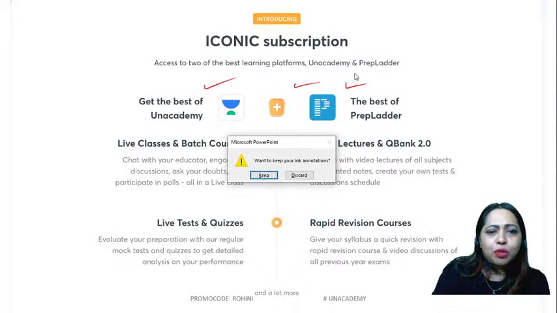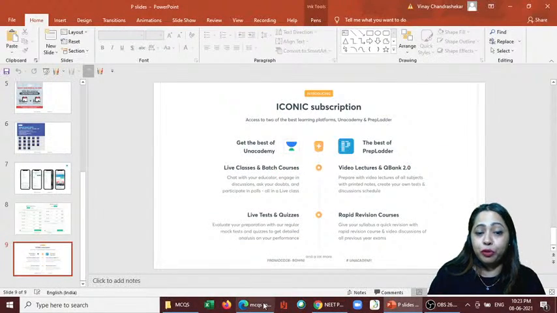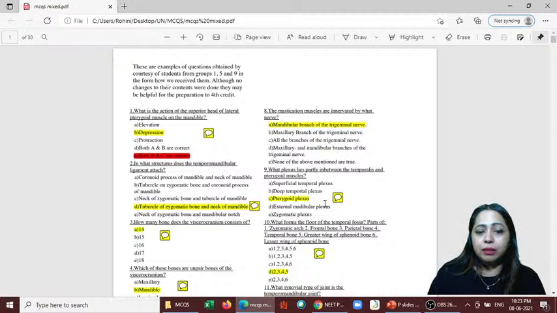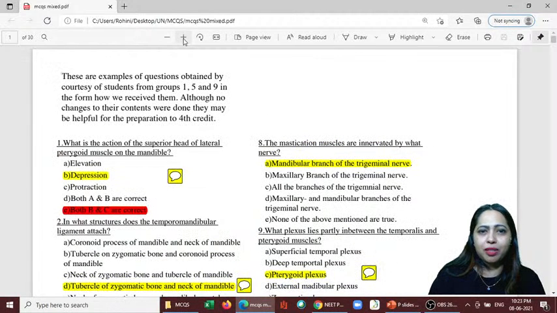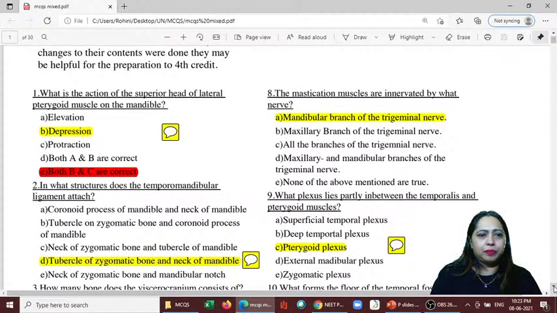So with all this, what we have planned for you today is MCQs. We have this nice MCQ set lined up. Of course, you can definitely look at your answers here. So these are the MCQs.